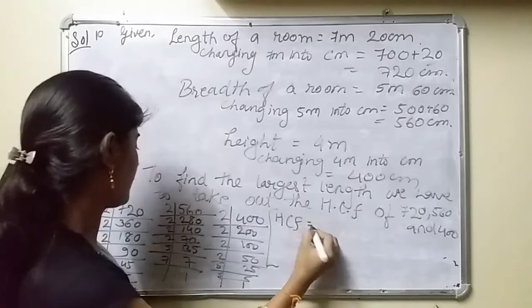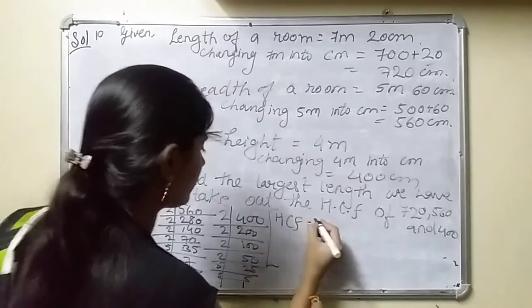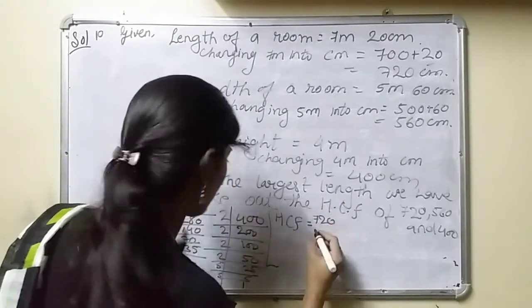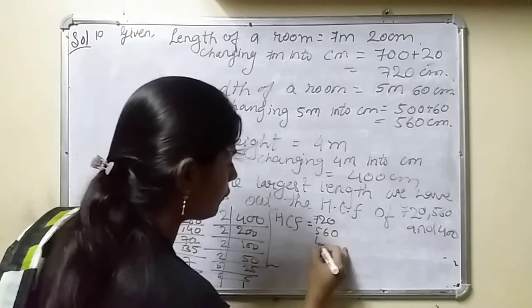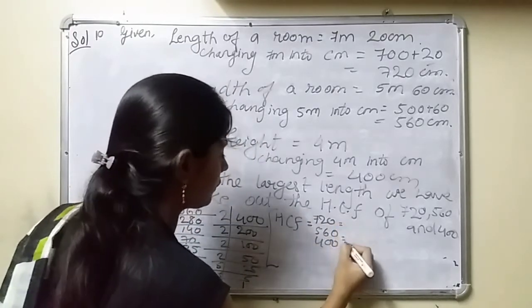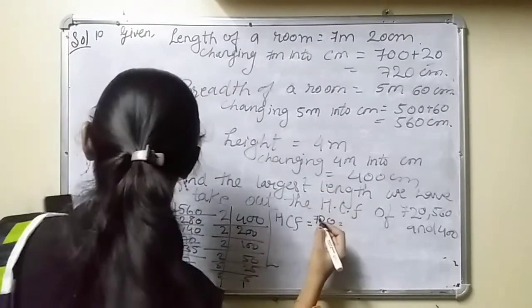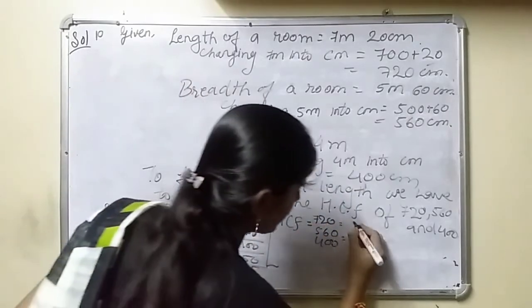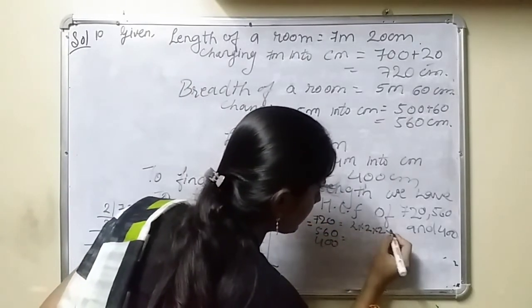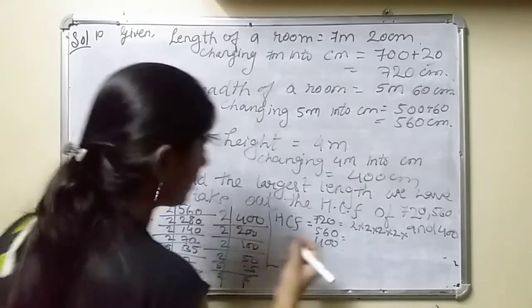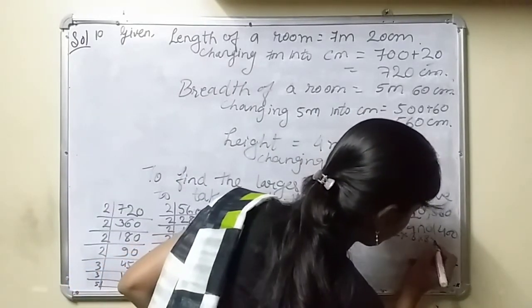HCF is equal to 720, 560 and 400. 720 is 2 into 2 into 2 into 2 into 3 into 3 into 5.